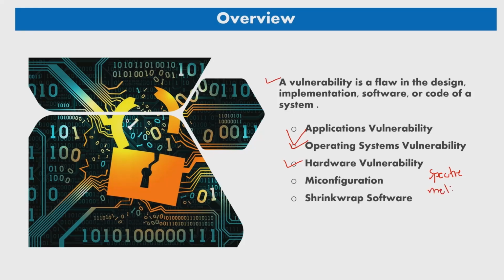Meltdown. These vulnerabilities affect CPUs, especially Intel, as far as I remember. These are examples of hardware-based vulnerabilities, and these flaws take advantage of a feature known as speculative execution, which is found in modern operating systems.